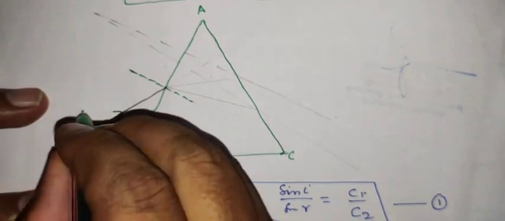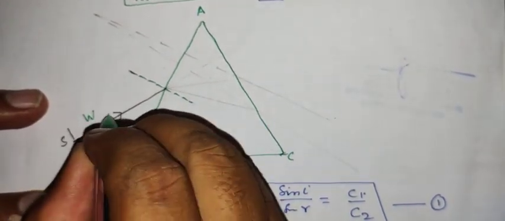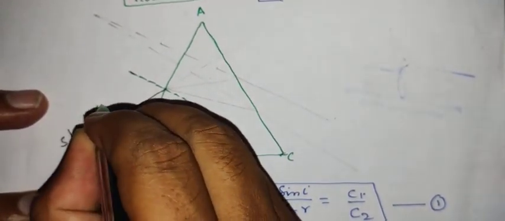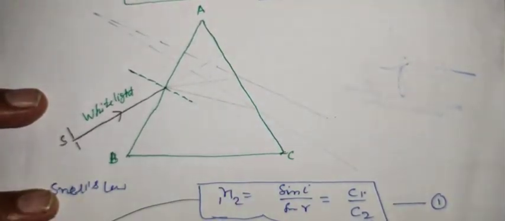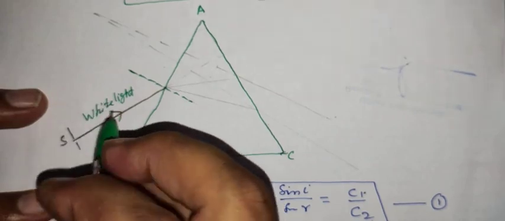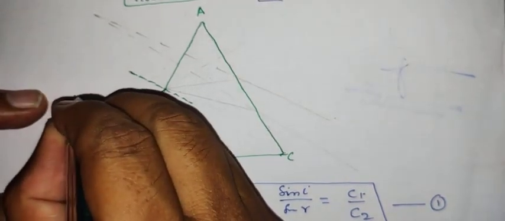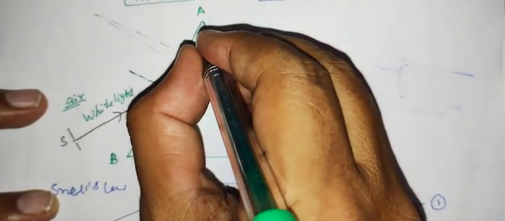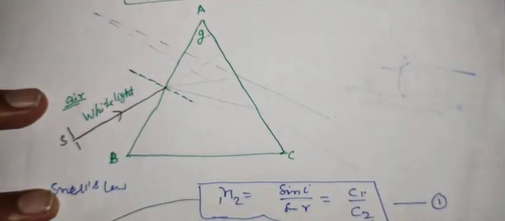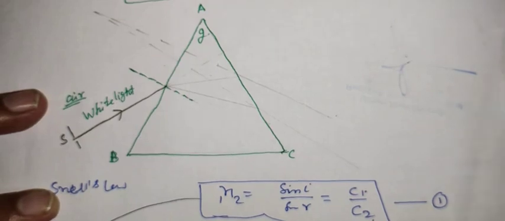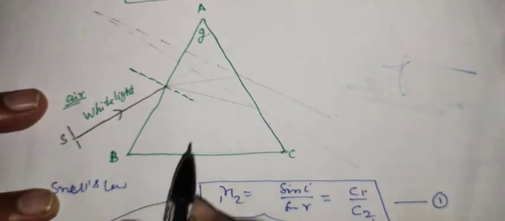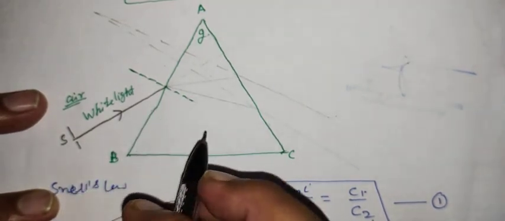Since this white light has 7 different colors and all colors have the same velocity in the medium air, but when they travel in glass, the 7 colors have different velocities.